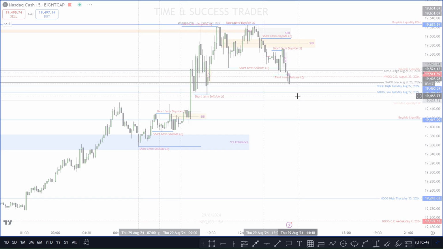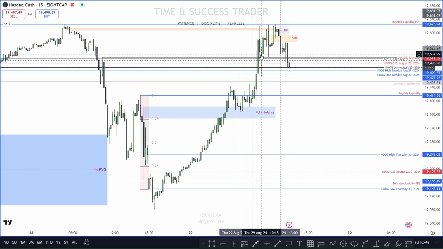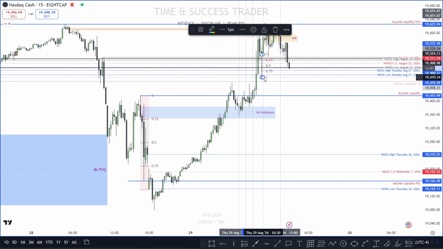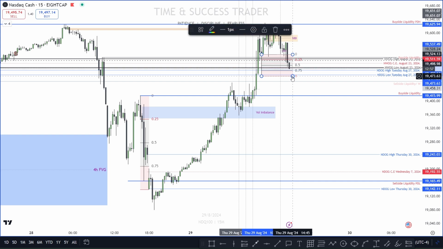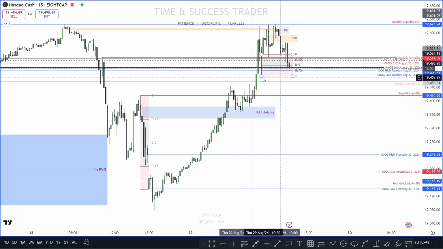Now the 15-minute, we have this wick. I am thinking that price may be trying to balance that range before it actually continues, if it's going to go bullish.